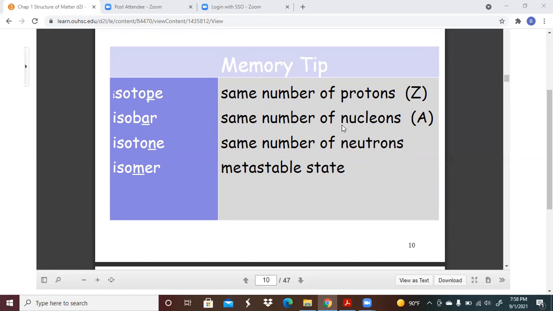Isobar is going to be the same number of nucleons. Isotone is going to be the same number of neutrons, and isomer is going to be a metastable state. So if you can remember which vowel or consonant is underlined towards the end of the name, then you can try to remember what name to use for each of these situations.